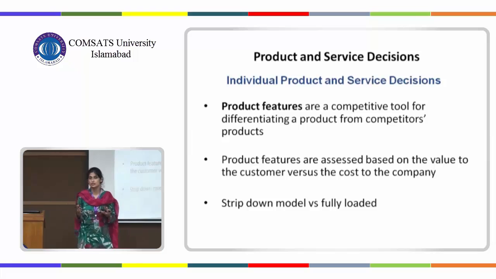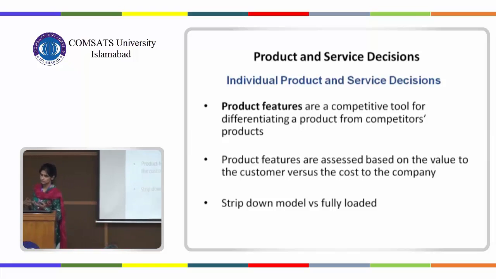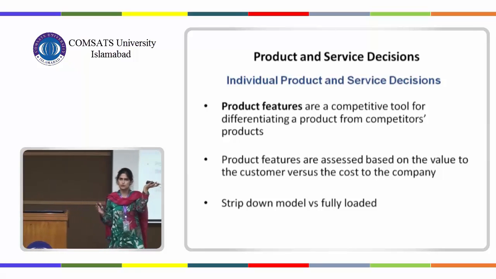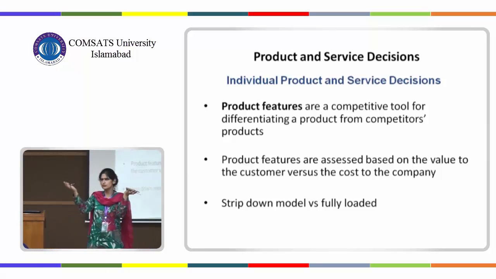So the different ways in which products are available. You have completely stripped down models with fewer features, and then you have fully loaded models with all the features. So when you go to buy a car, you can have a car without the AC, without the power windows, with manual transmission. So this is more of a stripped down model with fewer features, costing you less.